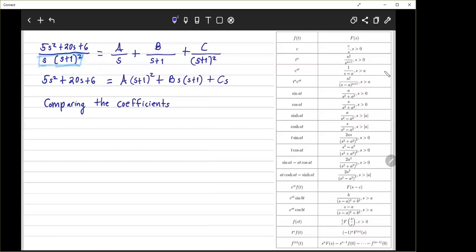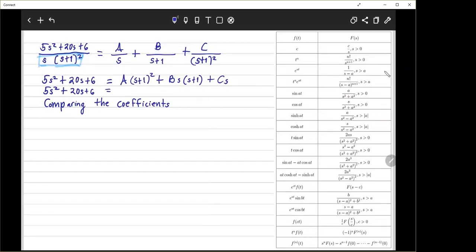So before we start comparing the coefficients, kailangan fully expanded itong ating right-hand side. So let me expand the right-hand side. So again, I'm doing this because we have a linear factor with exponent 2. Kung puro 1 lang yung exponent ng mga linear factors natin, hindi natin kailangan i-expand dun sa other method.